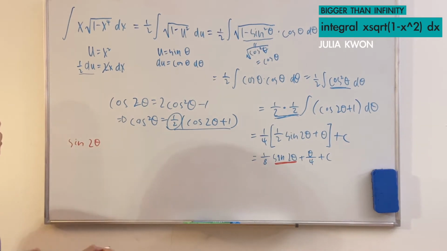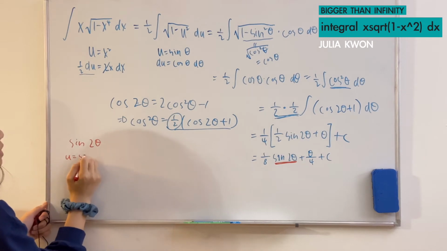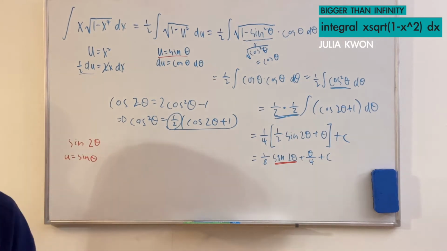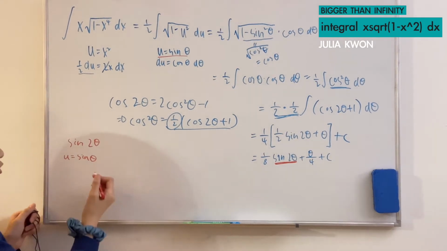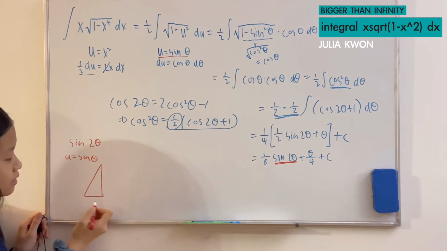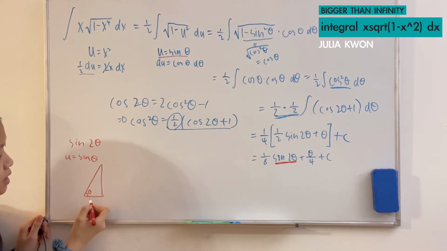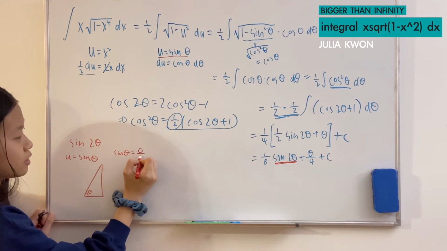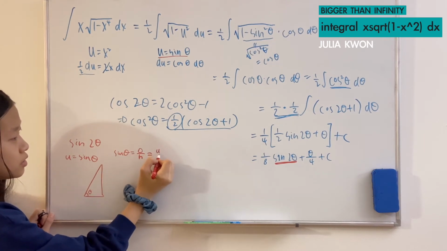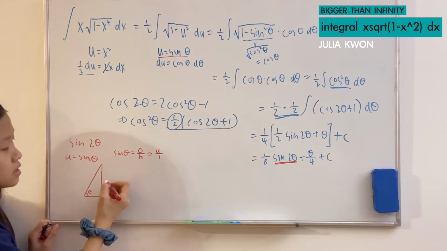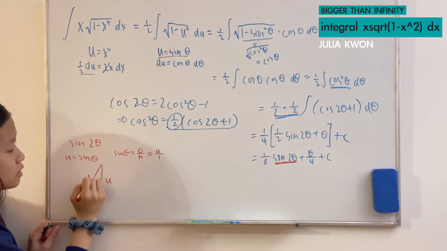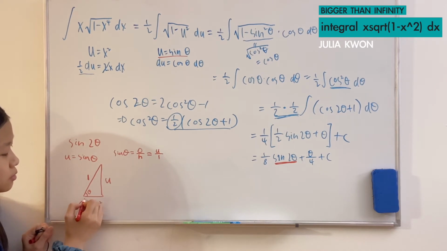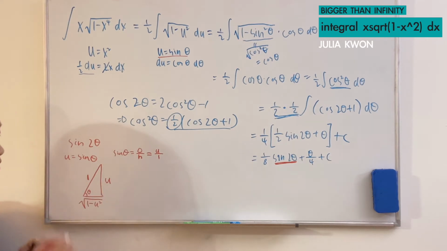So we know that u is equal to sine theta from here, and using this we can create a right triangle. If we say that this angle here is equal to theta, then since sine theta is equal to the opposite over the hypotenuse, this is equal to u over 1, so the opposite is u here, and the length of the hypotenuse is 1. Using the Pythagorean theorem, we'll have the square root of 1 minus u squared as the length of the adjacent.